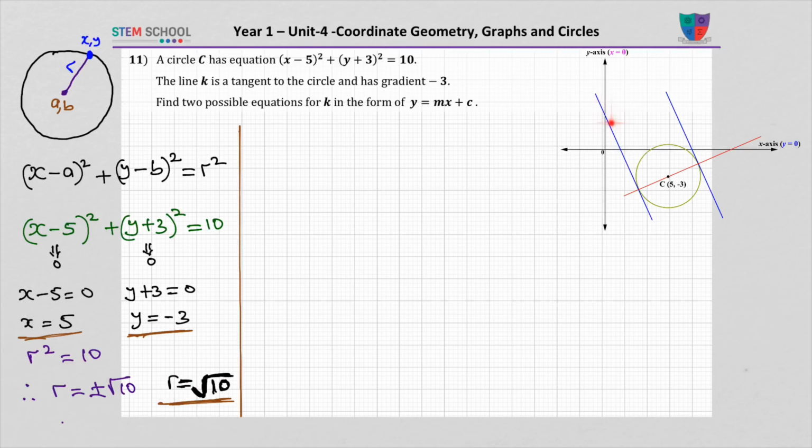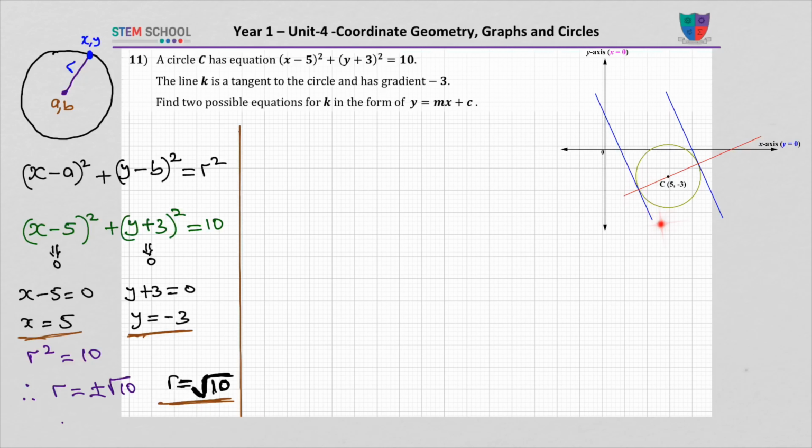The line is a tangent to the circle. This is the circle now, with center x = 5, y = −3. You can see we can have two tangents in this case.